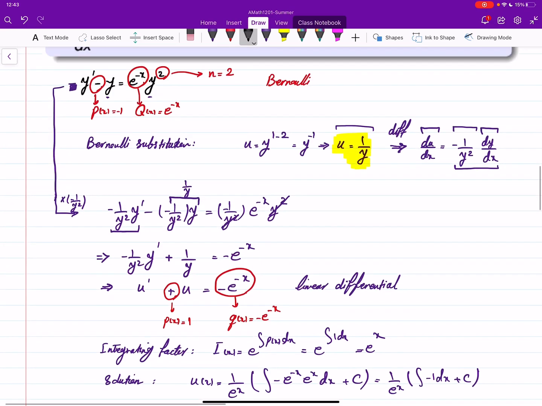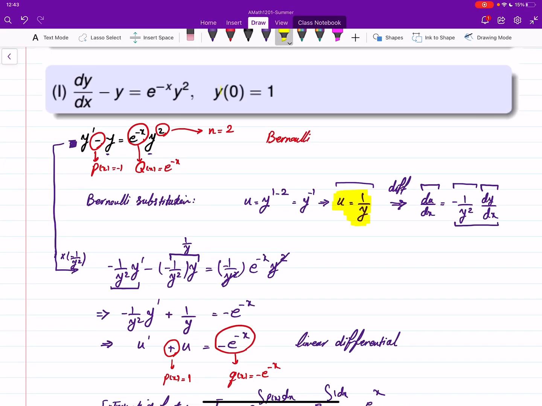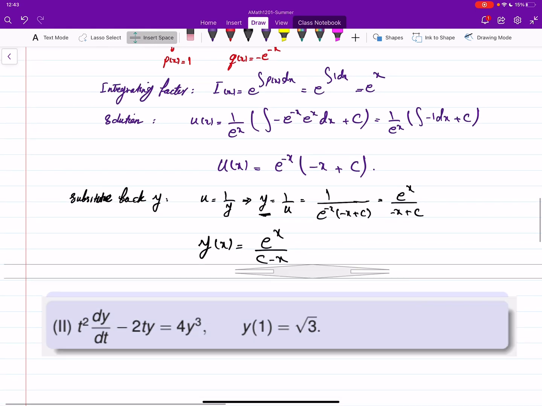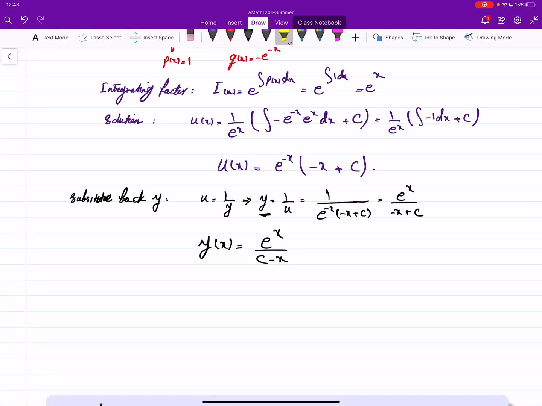However, there was this initial condition that now I have to apply and fix the constant c. So let me push this one a little bit lower. So I know that y at 0 is 1, and that means that 1 is equal to e to the power 0 over c minus 0.